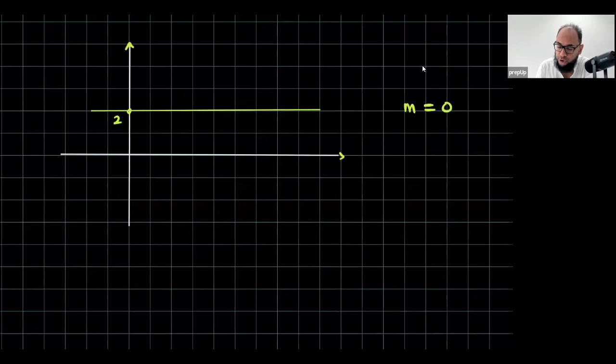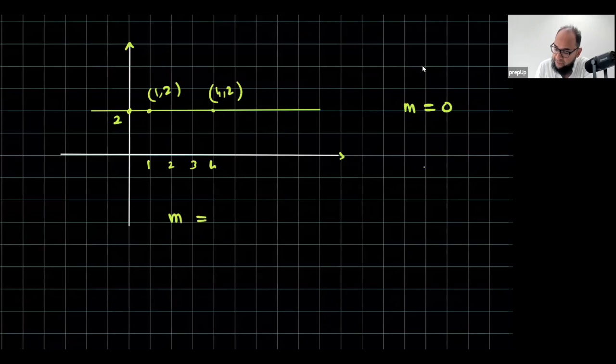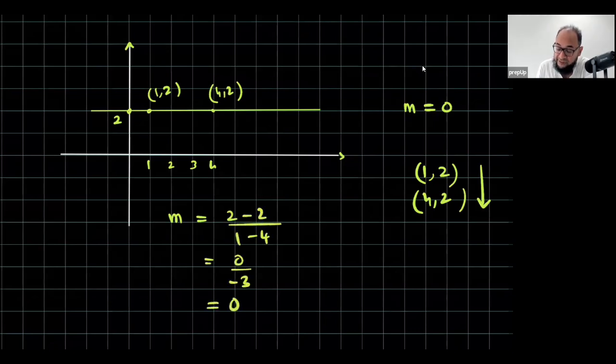Let me choose 2 points over here. This is 1, this is 2, this is 3, this is 4. So let me choose (1, 2) and let me choose (4, 2). So the gradient is 2 minus 2 over 1 minus 4, which is 0 over negative 3, which comes out to be 0. 0 divided by any number is 0.